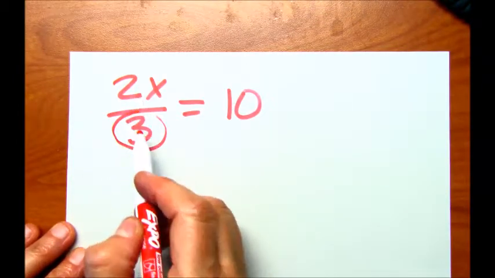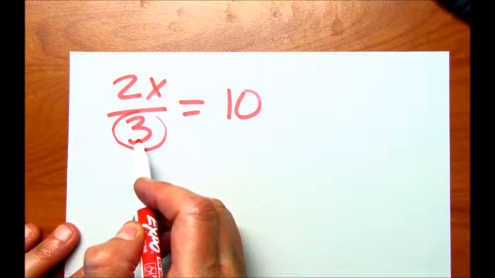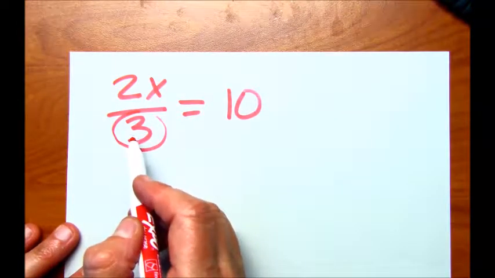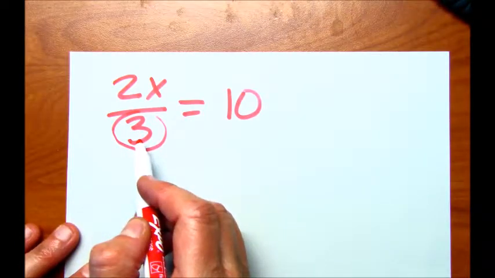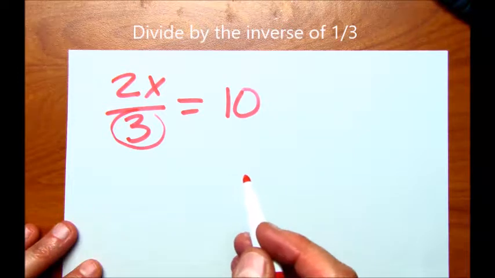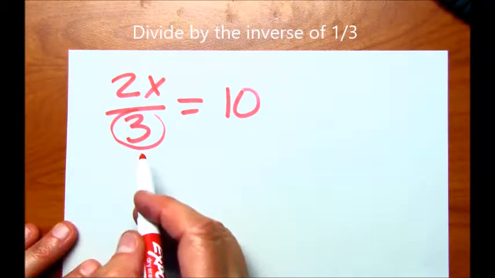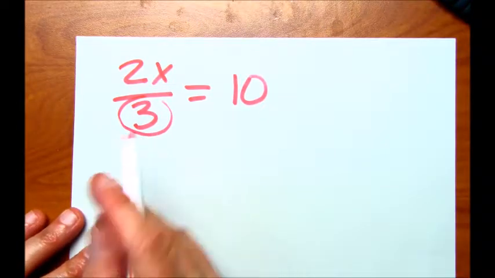So because this is dividing by 3, we're going to multiply by the inverse of 3. Now, there is a couple ways. I'm going to show you one way, and I'll show you another way. The second way actually might be faster, but let's go ahead and look at this one way, if we break it down.